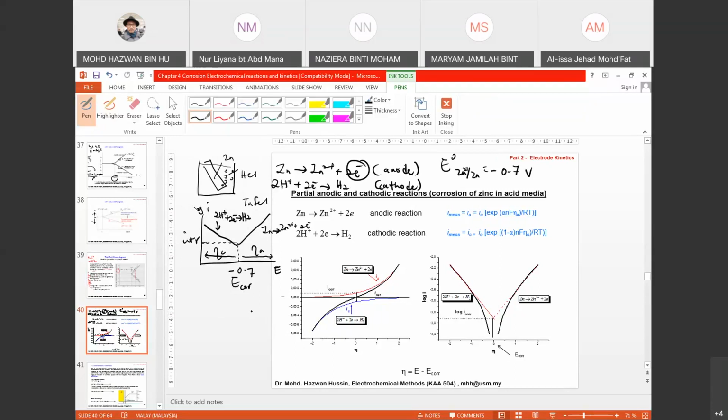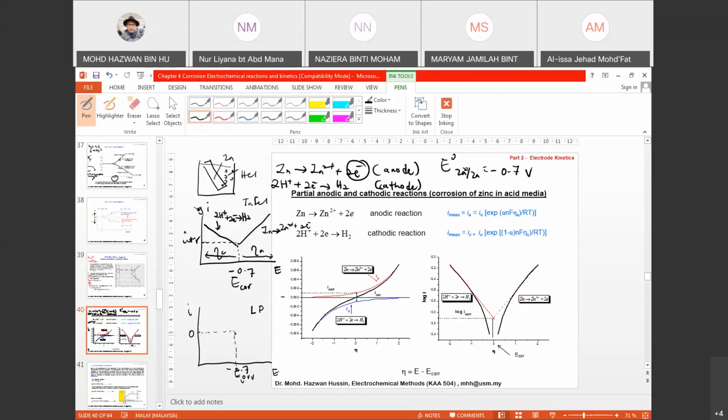If we look at the linear polarization plot, it's not log, it's just normal current density versus potential. At current zero, this will be your Ecorr, minus 0.7.